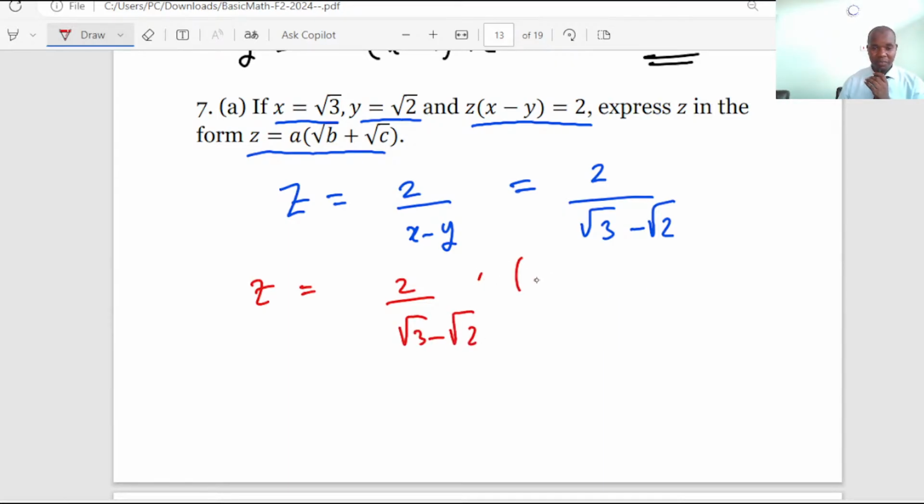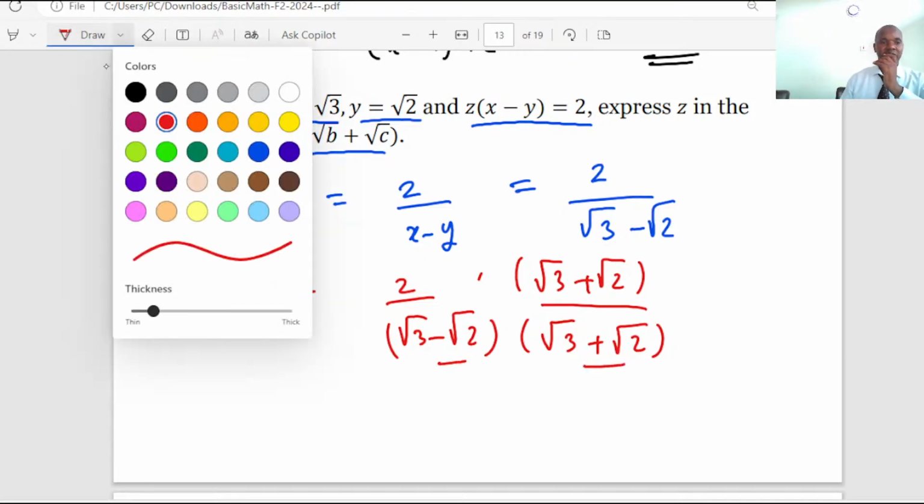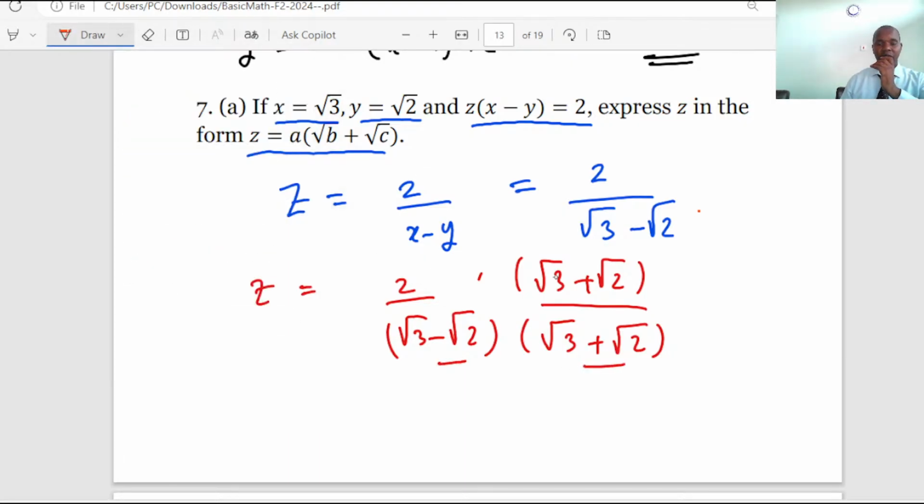You're going to multiply by square root of 3 plus square root of 2, square root of 3 plus square root of 2. By the multiplication of this, you can refer to the difference of two squares. If you remember, if you have an expression like (a plus b)(a minus b), this is similar to writing a square minus b square.